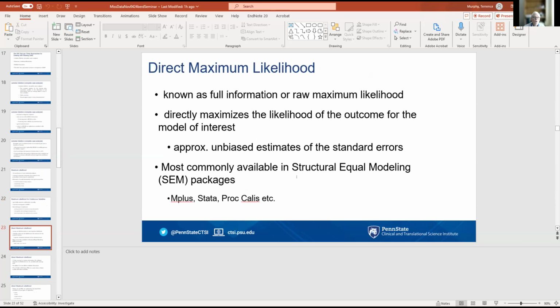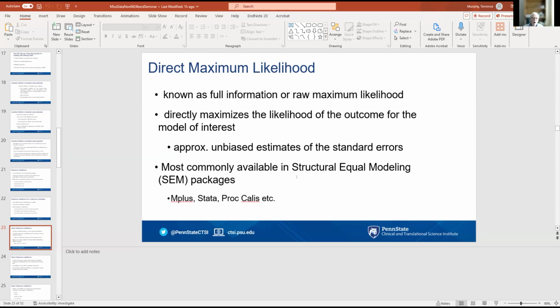Now, this is also known as full information maximum likelihood or raw maximum likelihood. Different fields tend to use some of these statistical terms different ways. What it does is it directly maximizes the likelihood of the outcome for the model of interest, okay? It yields unbiased estimates of the standard errors.